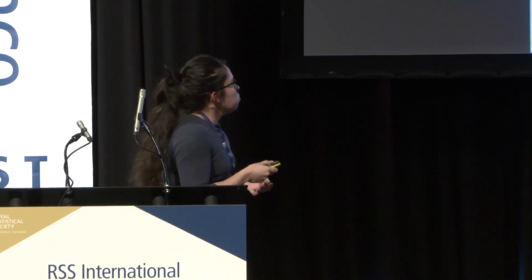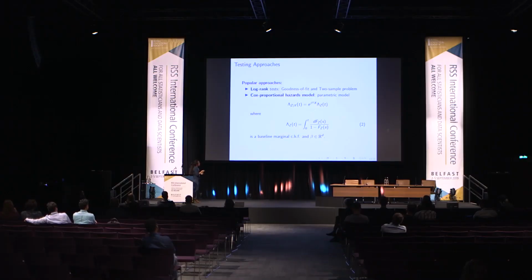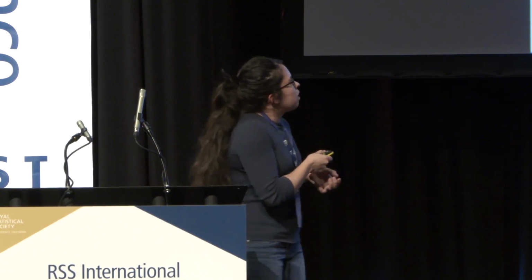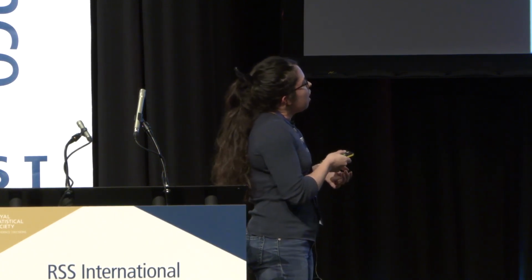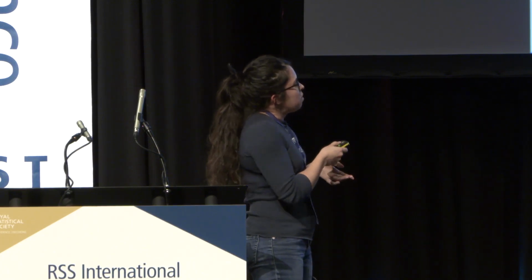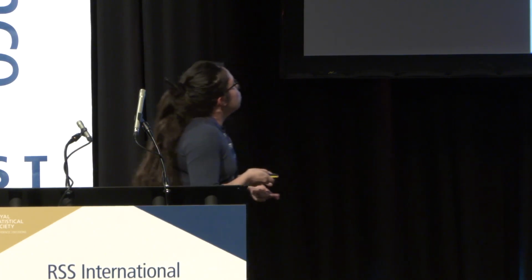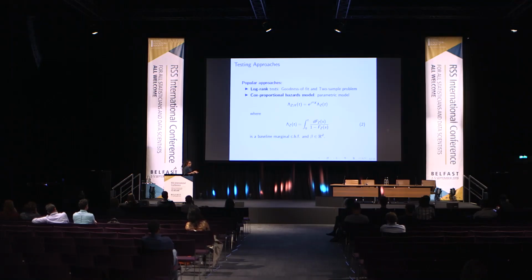Basically, what we do is define a parametric model for the conditional cumulative hazard function given X. The cumulative hazard function is just the integral of the hazard rate, which is the density divided by 1 minus the CDF. So we define this dependence model. And what people typically do is derive a score test and test whether this parameter beta is equal to 0. This is quite restrictive because we are assuming a parametric model for our survival times, which is not ideal.